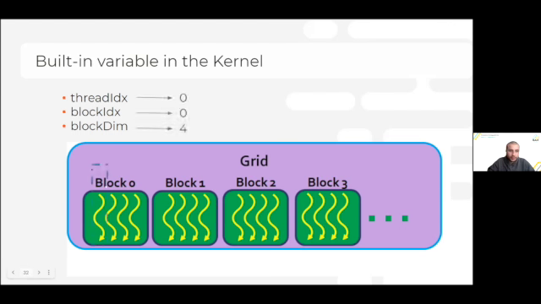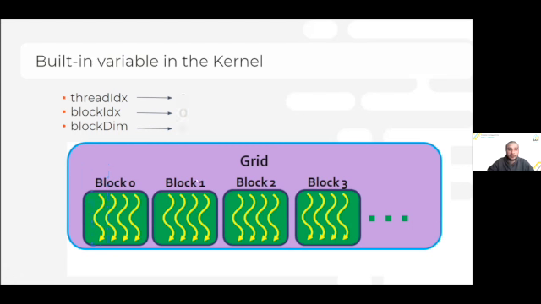So for this thread, it is thread 0, so its thread ID would be 0. It belongs to block 0, so its block ID would be 0. And the block dimension, the number of threads within each block, would be 4. It's not going to be a real surprise to you, but the block dimension for each thread would stay the same because each block has 4 threads.